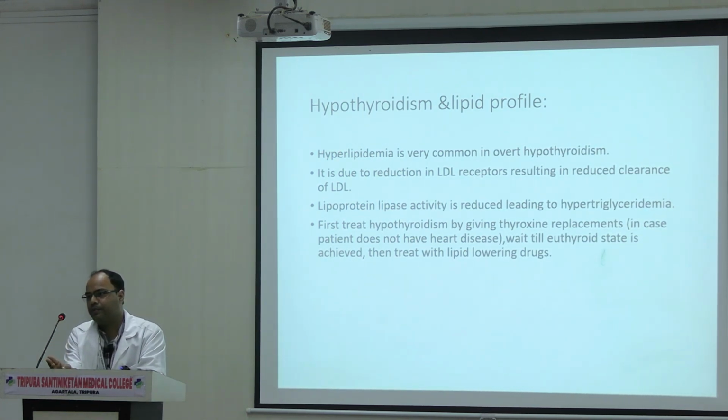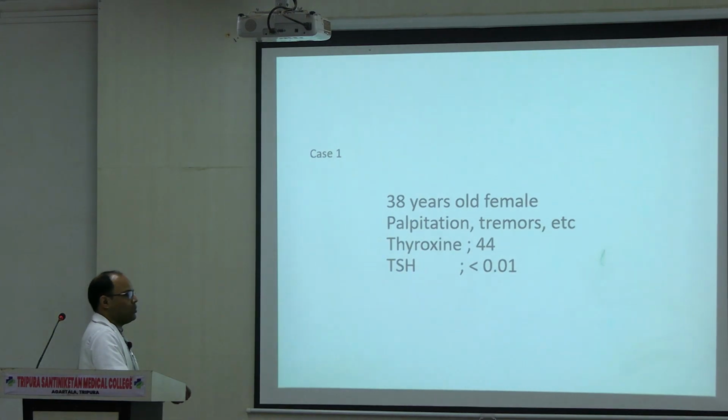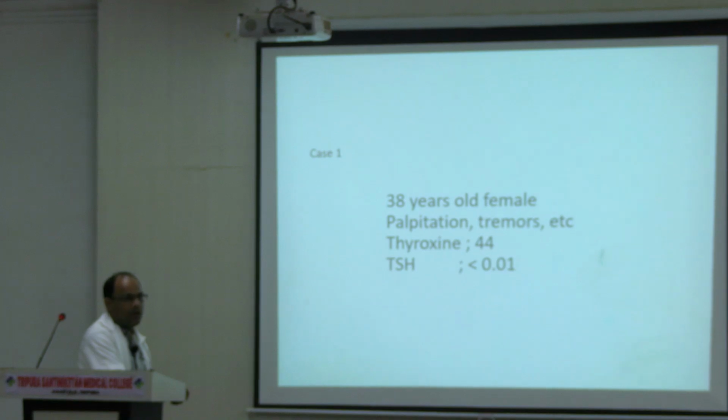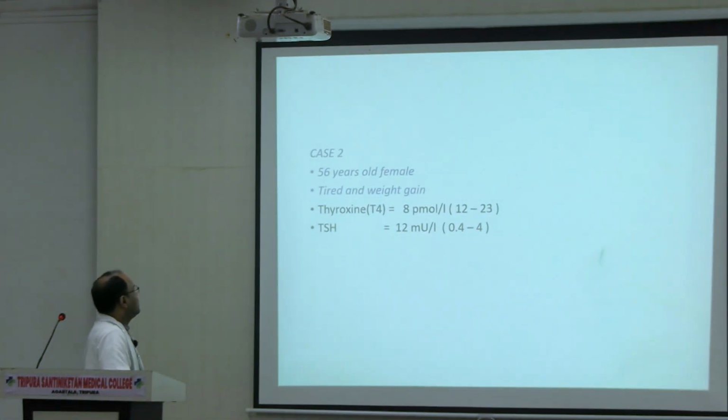Very important concept. Please tell me, a 38-year-old female has these complaints: palpitation, tremor, etc. Thyroid hormone level is very high, TSH is very low. Diagnosis? Hyperthyroidism. Very good. A 56-year-old female with tiredness and weight gain.